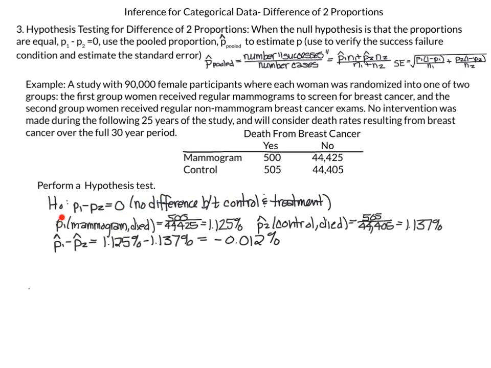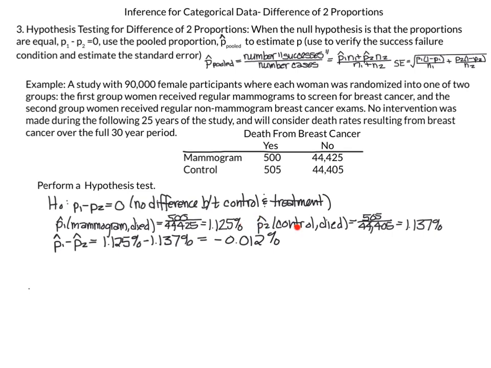For our samples, we found that P1 hat, mammogram died, is equal to 500 over the 44,425, our percentage of people who died. Remember, you could have chosen survived, but I did died for whatever reason. So I have 1.125%. Let's contrast that to P2.